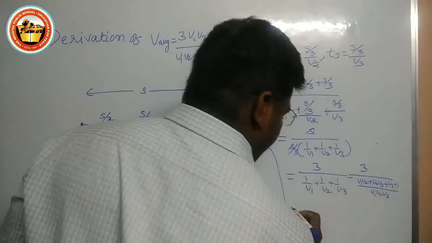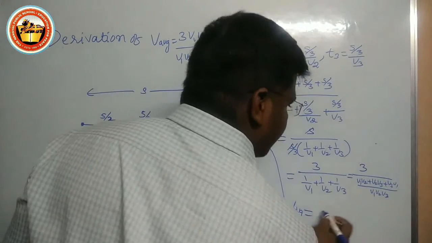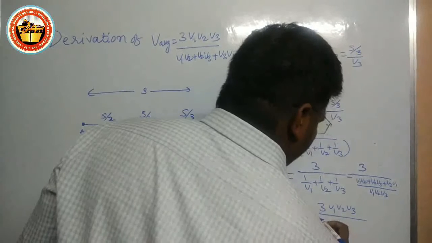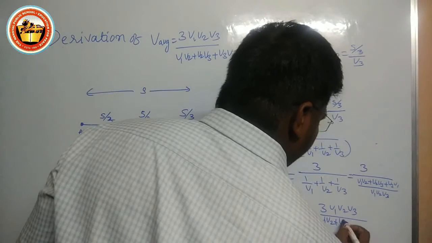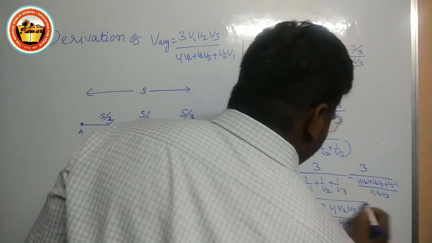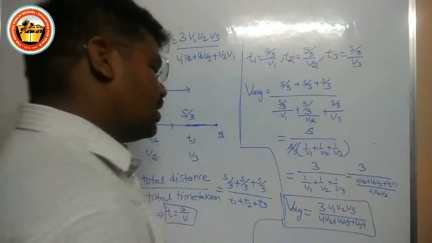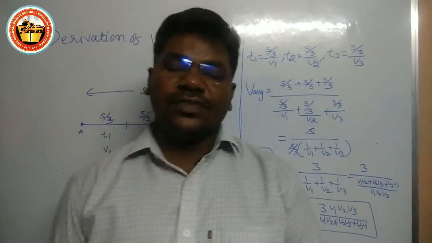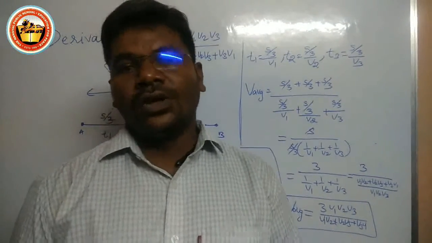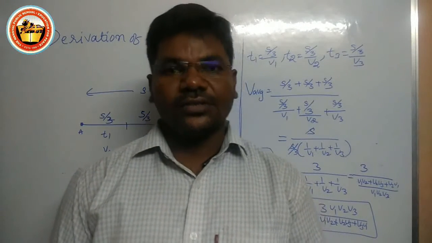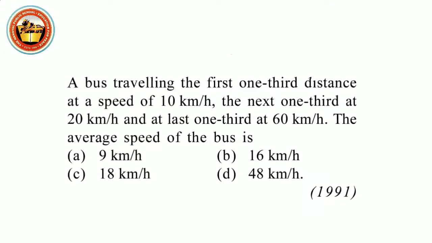By rearranging, the fraction reverses. V average is equal to 3 v1 v2 v3 divided by v1 into v2 plus v2 into v3 plus v3 into v1. Understand, my children?